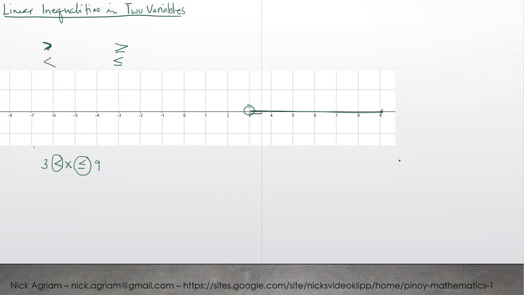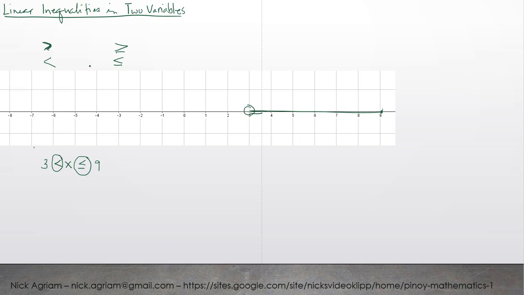A solid one, a circle, but it's solid. At 3, it is not solid, there's just a circle. Why? Because it indicates that 3 is not included in the interval, but 9 is. That's the difference.